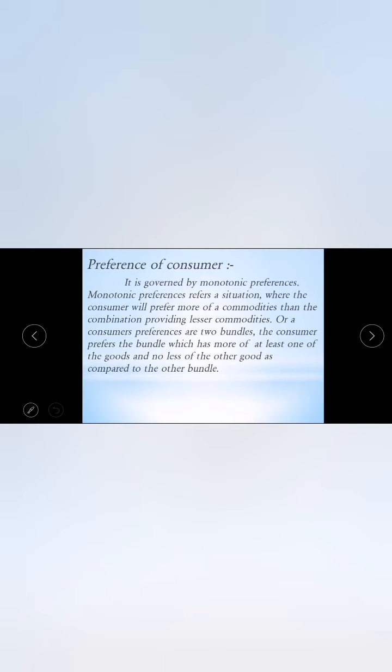The consumer prefers the bundle which has more of at least one of the goods and no less of the other good as compared to the other bundle. So as I said, you prefer more goods, not less than other goods. That is called preference of consumer.